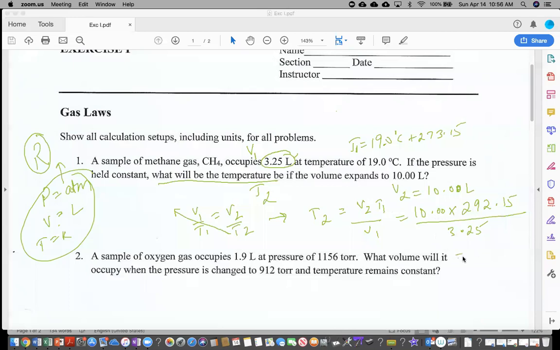That sounds about right to me. 898.92 Kelvin, right? That sounds more right to me. I don't know how I got the other one. Probably wasn't doing something right.